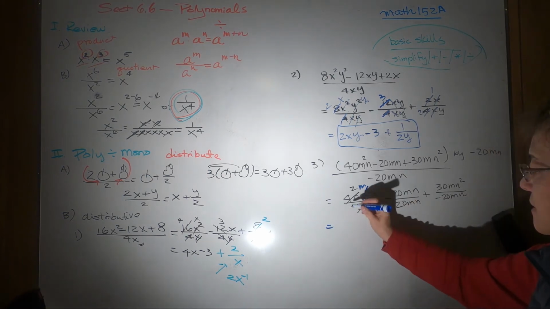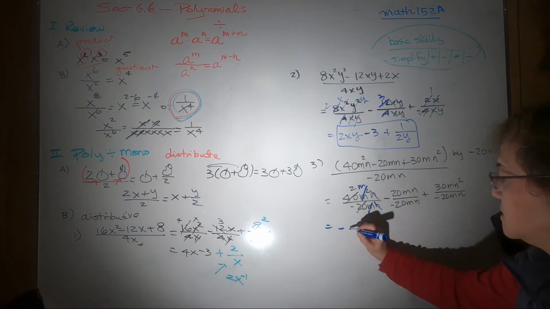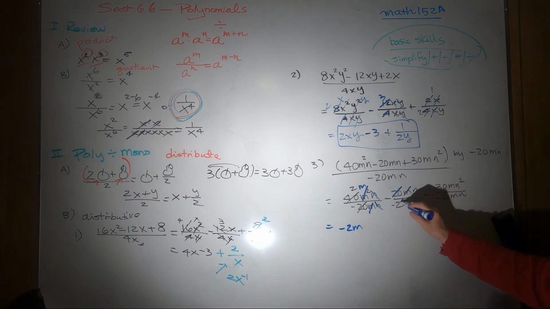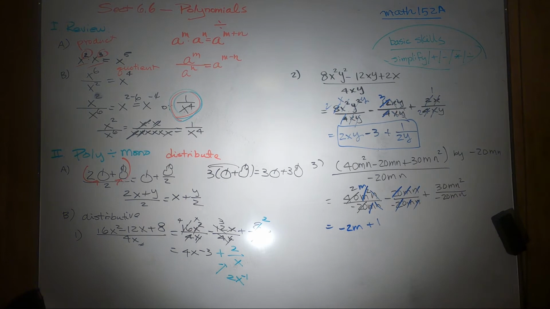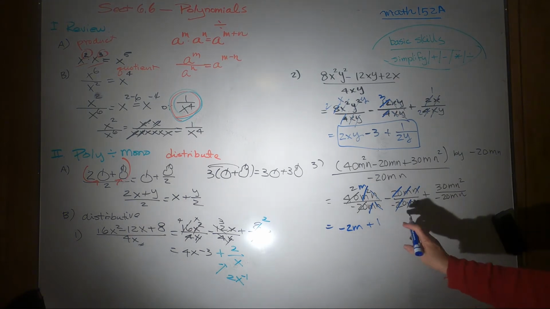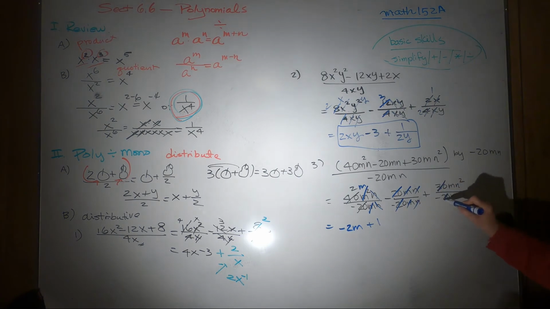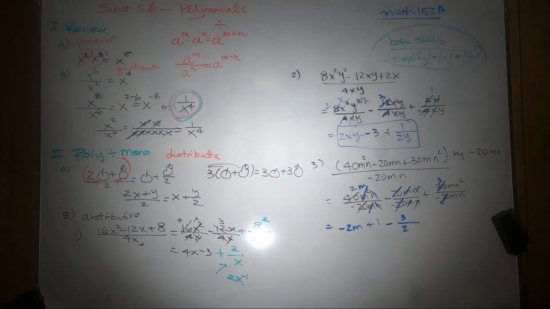So what do we have? Positive, negative, negative, right? Negative 2m left. Then those cancel out, then negative becomes what? Positive. This is all fine until something different. That's cancel out, 3 over 2. That's a negative, right? So you have negative 3/2.